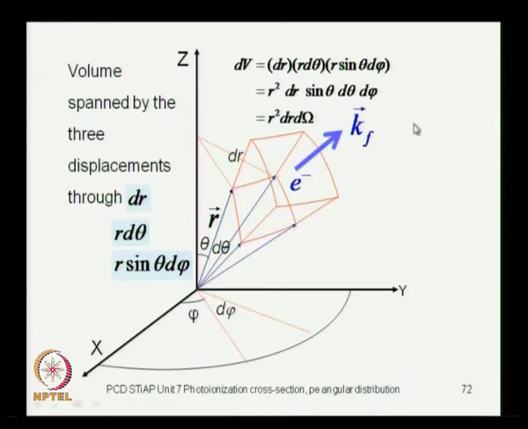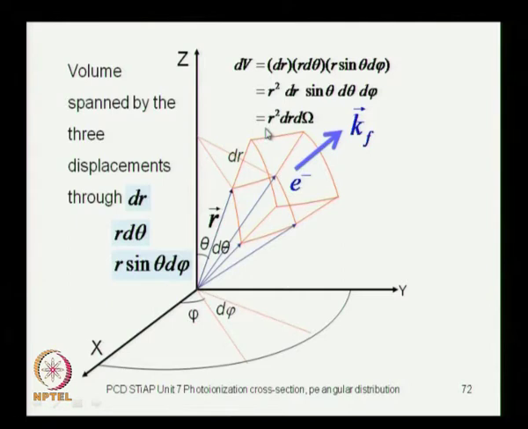You know that the volume element is given by r square dr d omega, that is sin theta d theta d phi, in the spherical polar coordinate system, right. And here instead of r you have n.